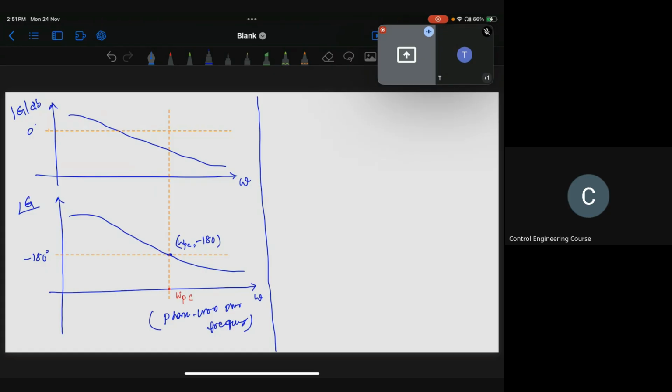Now we take this coordinate and extrapolate it to the magnitude plot.